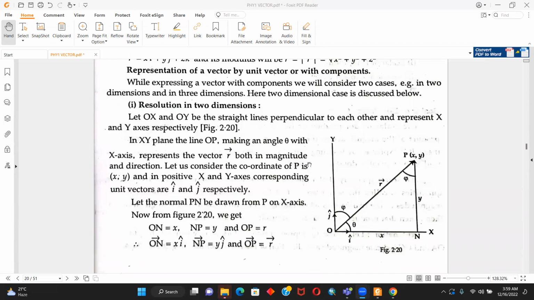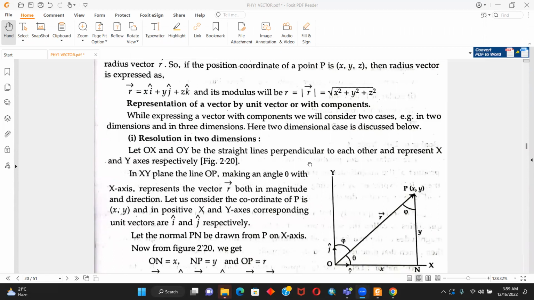Now another thing is, not all the time will you get things very difficult like in a three-dimensional coordinate system. You might sometimes get some vectors which are in two-dimensional planes, or two-dimensional coordinate systems.